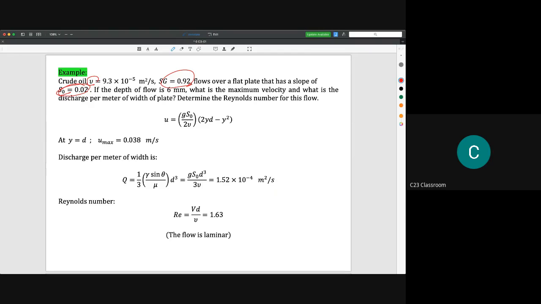The flow depth is 6 millimeters, and you need to calculate the Reynolds number. This is the equation. You can substitute everything and get the flow rate here, and then you get that the Reynolds number is 1.63. Because it is below 500, we assume that this flow is laminar.